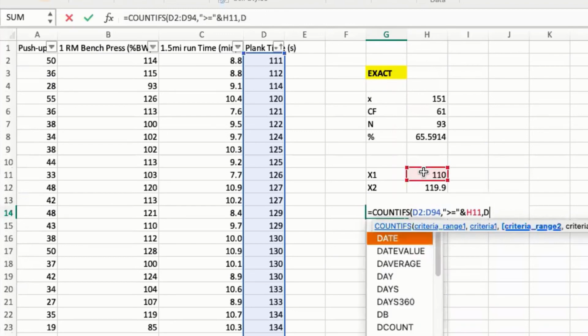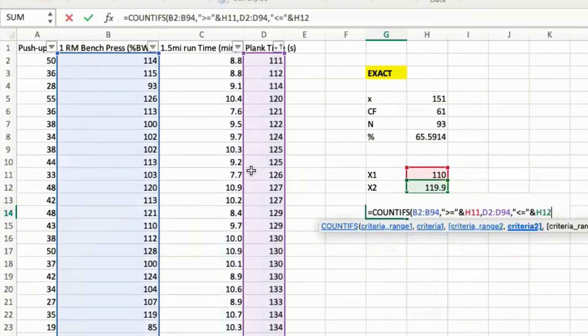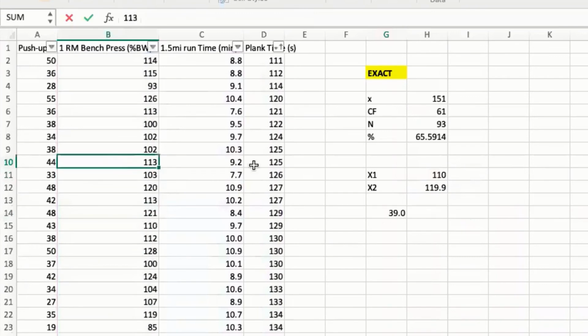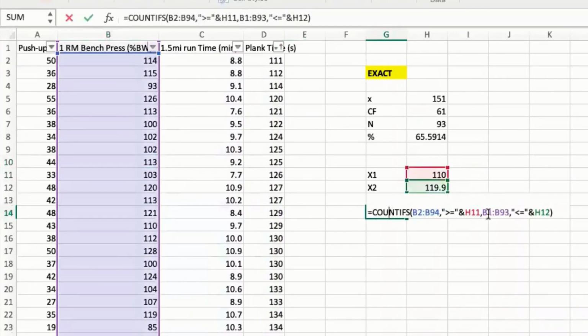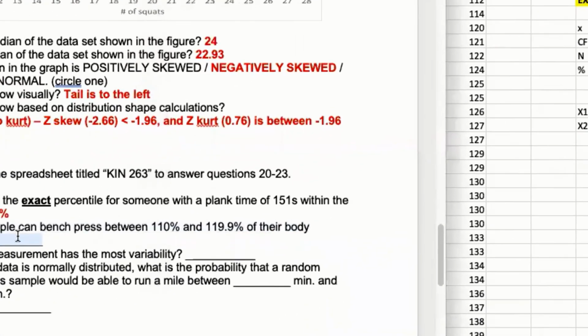Our second set of criteria will apply to the same range of data, D2 to D94, and that will be for our X2 value, for values that are less than or equal to 119.9. The range is bench press, thank you for catching that. I was obsessed with the Planck times, apparently. Easy fix. So then we would have 34 people, and that would be our answer.